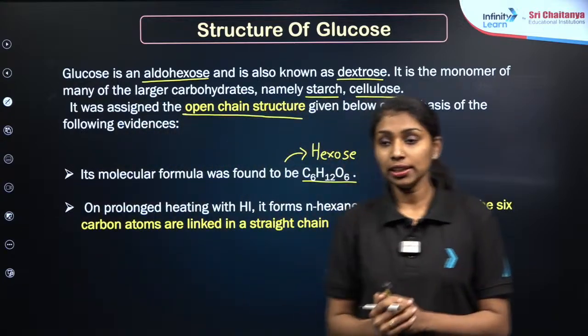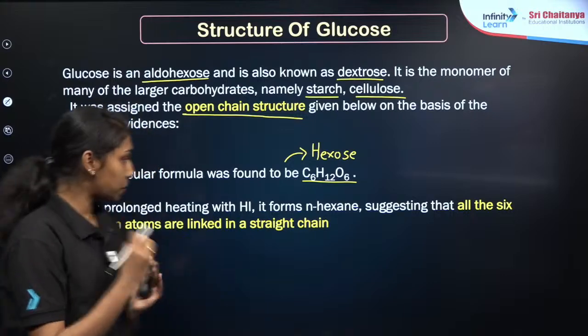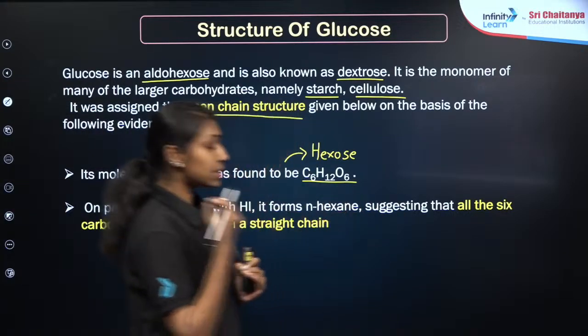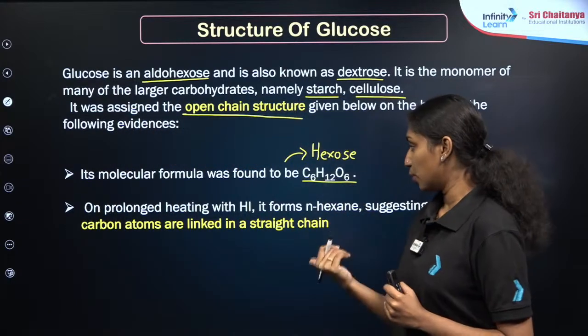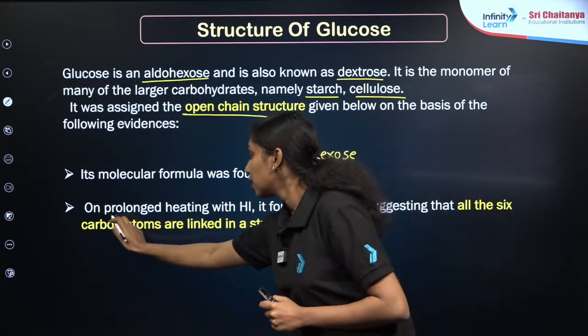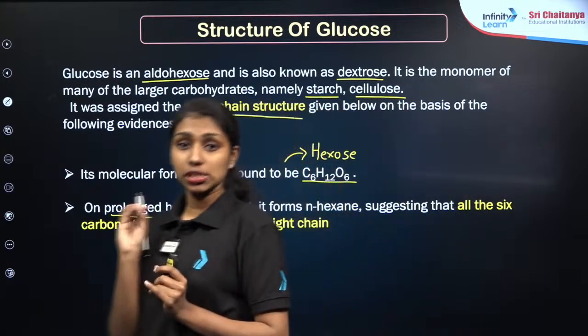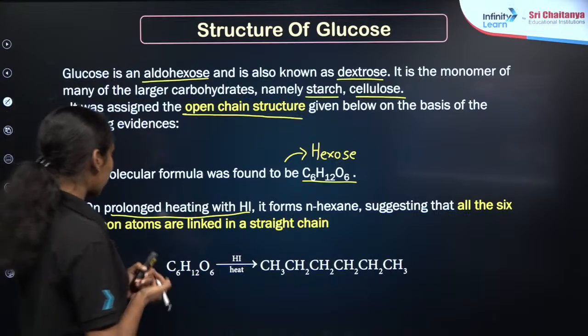Now the second one: what is the arrangement of these 6 carbon atoms? Whether it is a branched chain or a straight chain. The experiment showed that when glucose is heated with HI, on prolonged heating it forms normal hexane. As you can see, this is the reaction happening here.